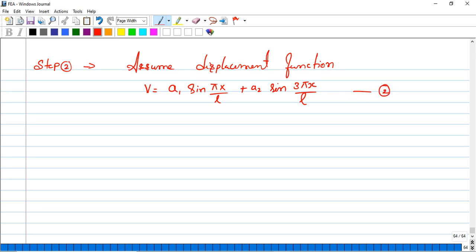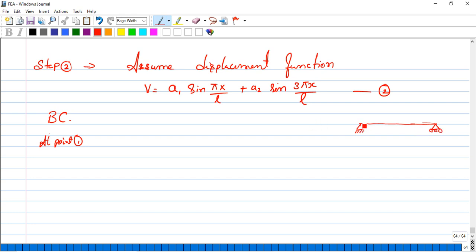And we need to follow the boundary conditions. So at node 1, the fixed end, let me write the same sketch. We have one end completely fixed and one end under a roller support.